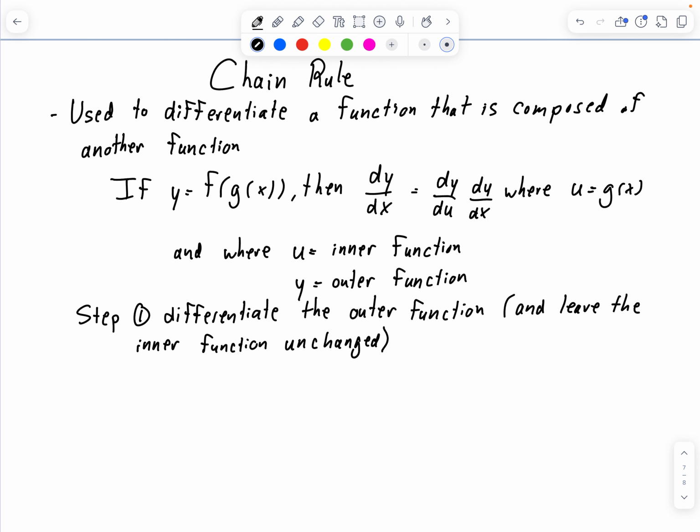So that's step one, simply differentiating the outer function. Now in step two, we multiply that by the derivative of the inner function.